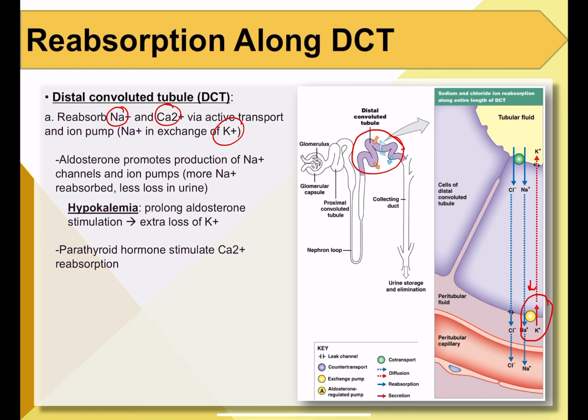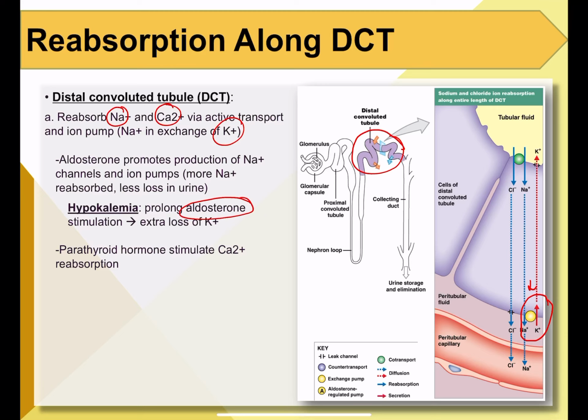Now remember from our endocrine chapter, we talked about aldosterone being one of the hormones produced to promote reabsorption of sodium ions. It does this by promoting production of sodium ion channels and sodium ion pumps. But if you have abnormal prolonged stimulation of aldosterone, this will end up with too much loss of potassium, because now you have all these extra sodium pumps and sodium ion channels stimulated by aldosterone.